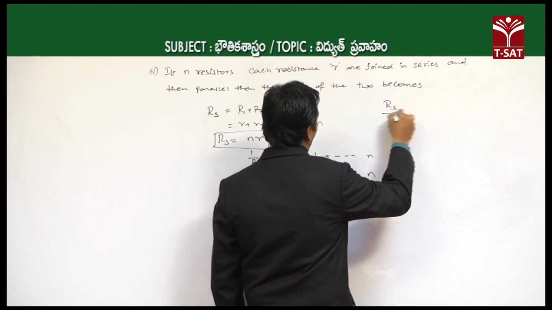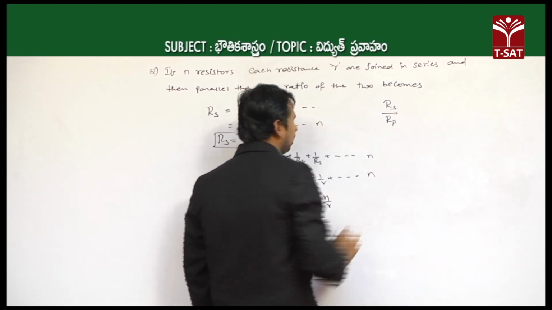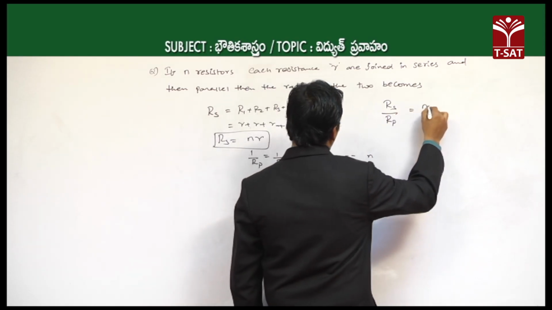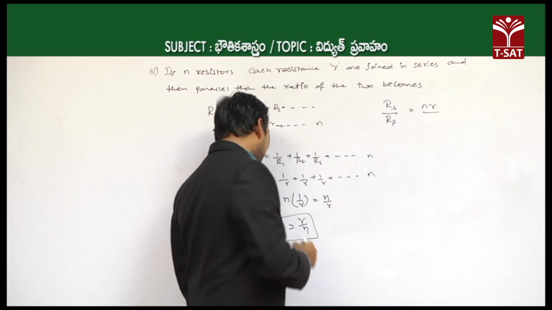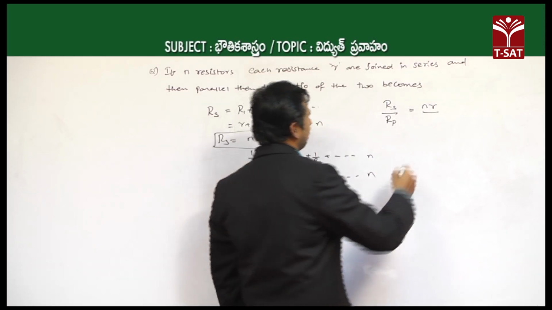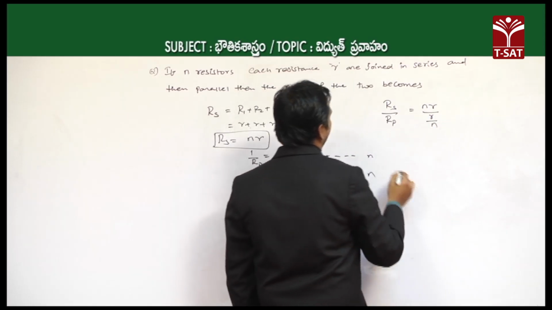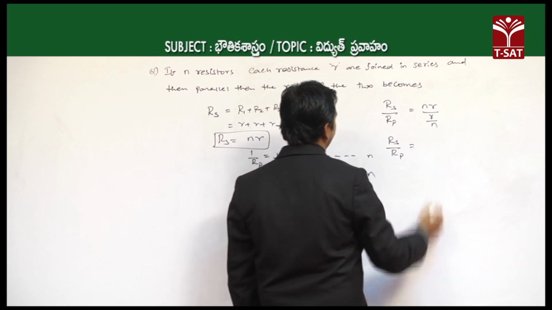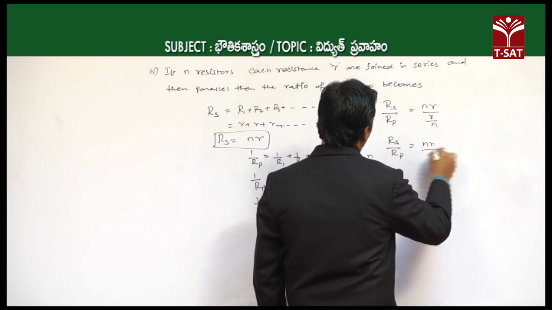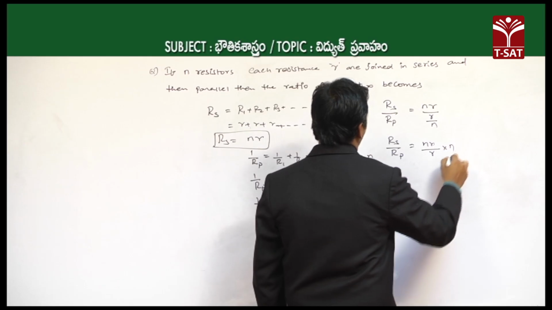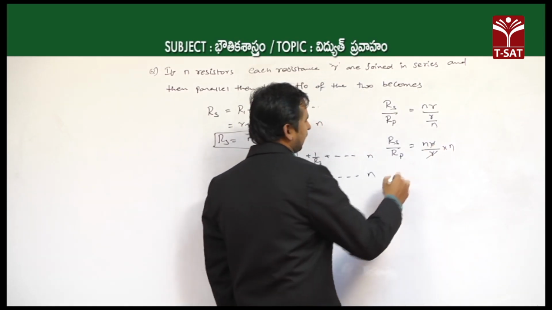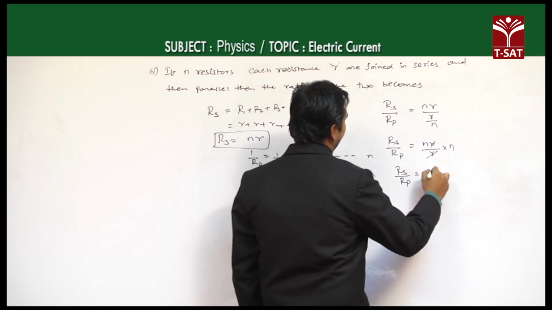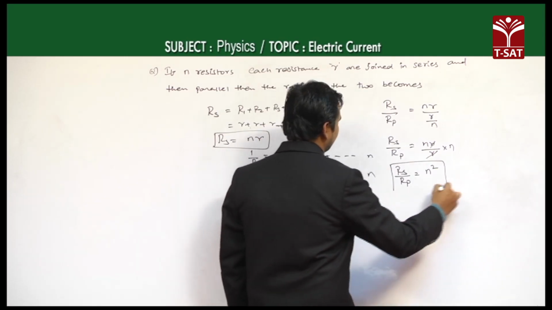Rs is n into R, and Rp is R by n. So Rs by Rp is equal to nR divided by R by n, with n coming to the numerator. The R's get cancelled and finally we get Rs by Rp equal to n into n, which becomes n square.